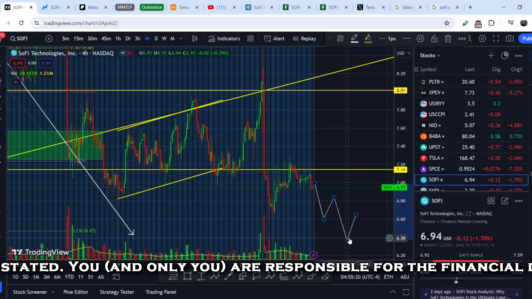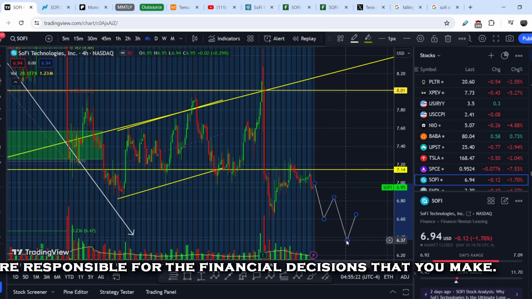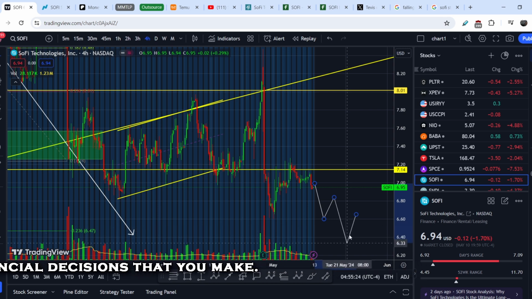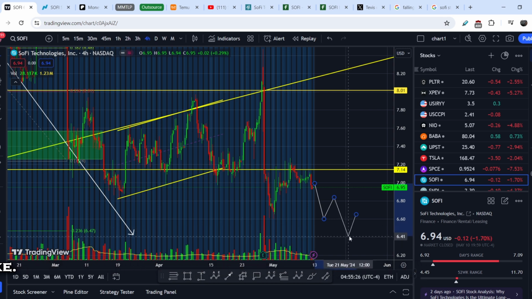And probably we might even break it to the downside, but this bottom, the real bottom, I don't know where it might be. But in general, I don't see that this asset might hit much lower targets. Every time this asset goes lower, it will be a perfect opportunity for long-term holders to add to their position.